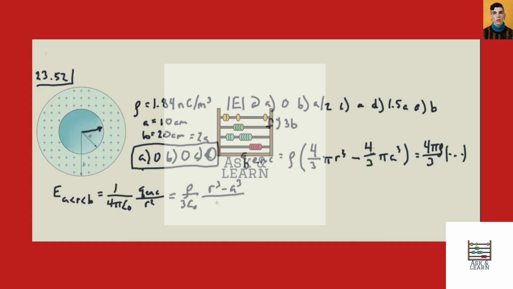This may be a less confusing way of phrasing that, divided by r squared. And so if we put in 1.5a for r, we just evaluate that and we get 7.32 newtons per coulomb.